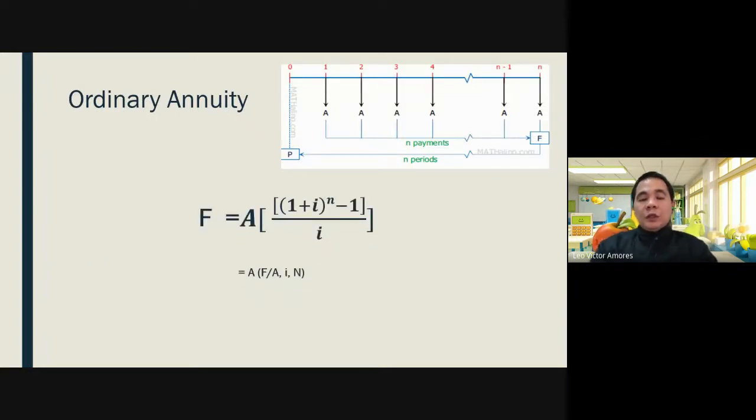In other terms, the future value of a certain annuity is F = A[(1 + i)^n - 1]/i. Okay? Any question?